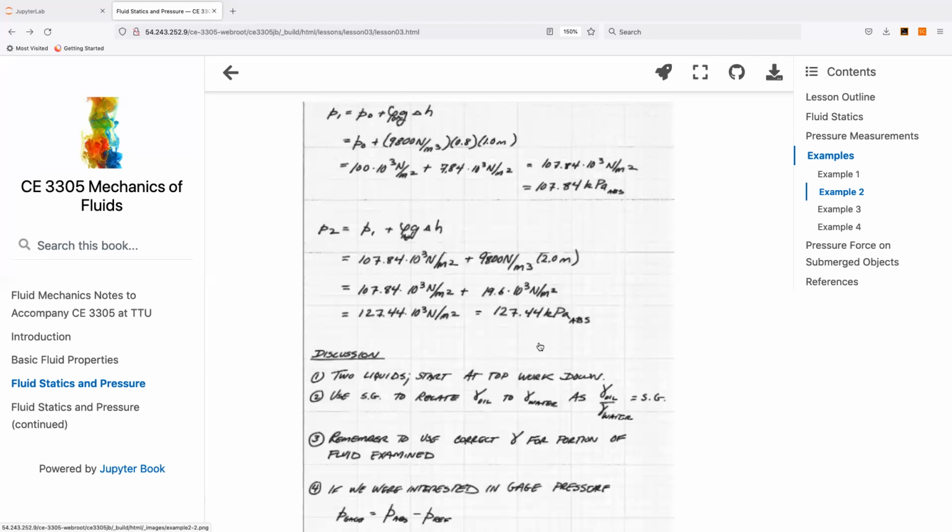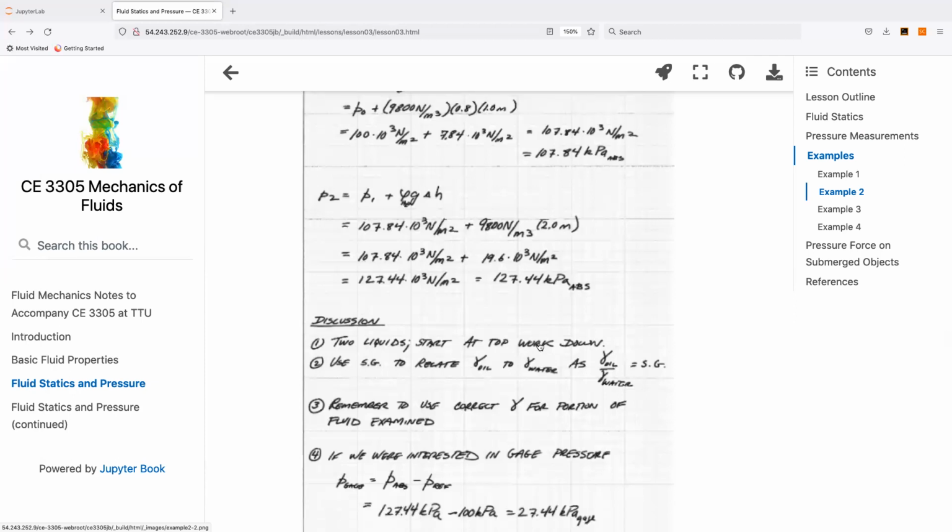Using a calculator is just asking to make a mistake. And if you don't make mistakes with money, there's no point in making mistakes with engineering calculations, because that usually leads to loss of money. And then remember, we have to use the correct specific weight for whatever fluid we're in. So if we're moving down in water and we use the oil specific weight, we're wrong.